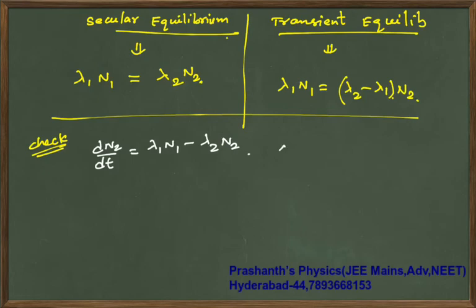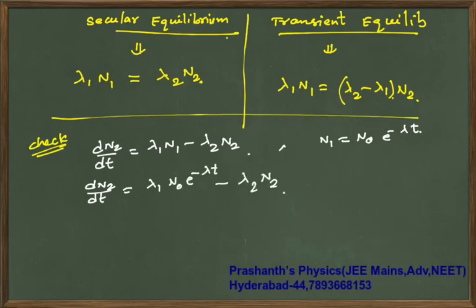And n1 is n0 times e power minus lambda 1 t. So dn2 by dt is equal to lambda 1 into n0 times e power minus lambda 1 t minus lambda 2 into n2.